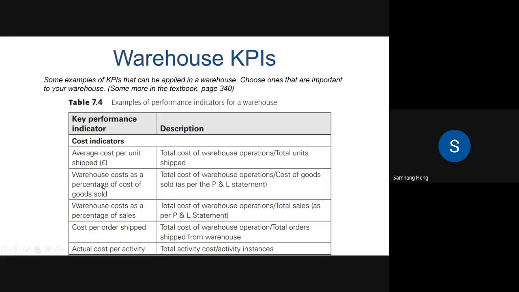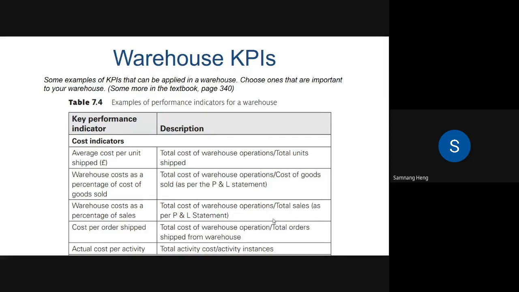Warehouse cost as a percentage of cost of goods sold, and warehouse cost as a percentage of sales, we do that too. Sometimes the description is the cost of warehouse operation. Warehouse operation is like what we spend on the robot, sometimes the electricity, the driver, design, maintenance.